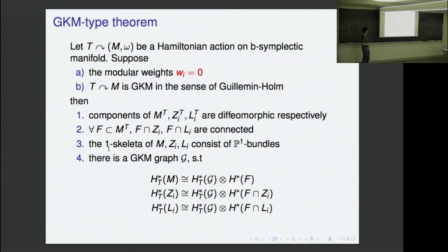And so this is still in our slogan that if the modular weights are 0, then the results are just going to be as nice as the symplectic case. More or less, you can just literally apply whatever you get in the symplectic case to this case of modular weights being 0.